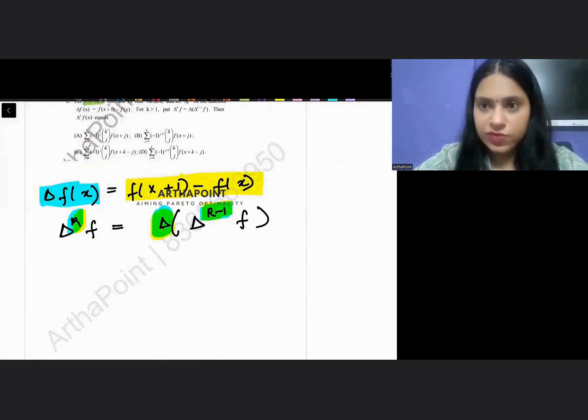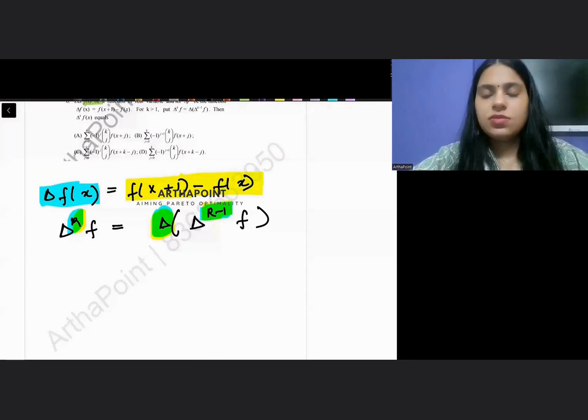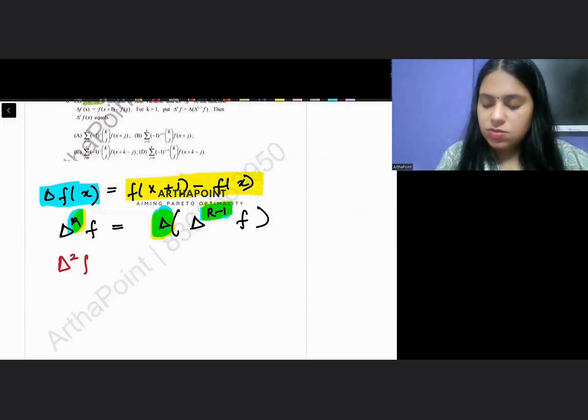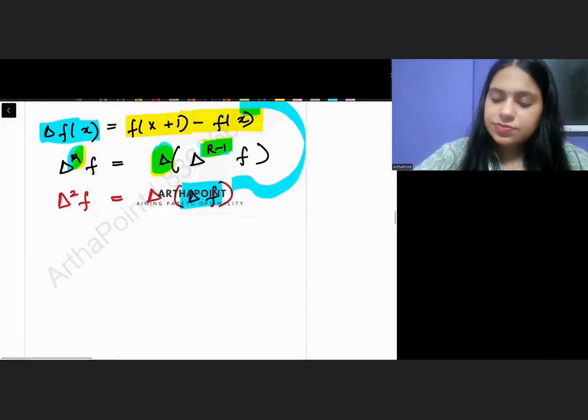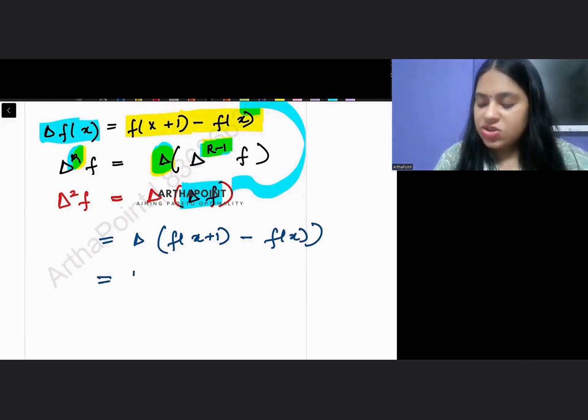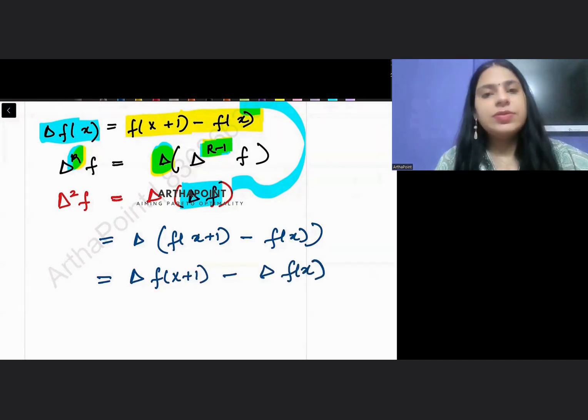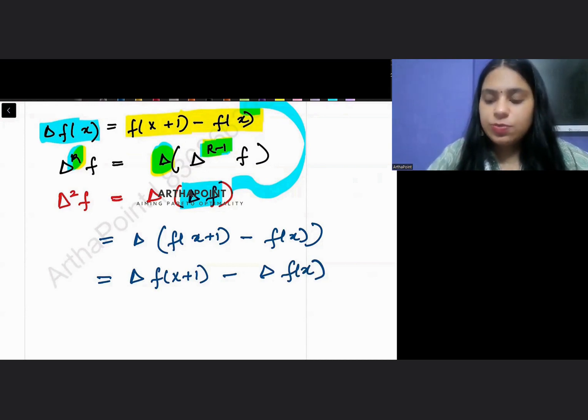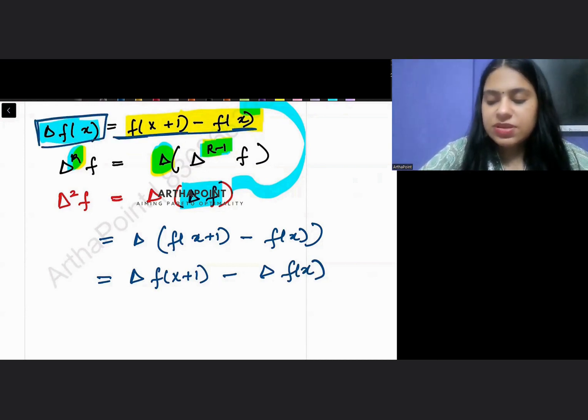So let's find out the second derivative first. Let's try to see what happens in that. So if I find the second derivative, what will I get? This. And this part can be replaced with this. So I will get, and then I can just bring the change here, right? So when I had to find the derivative of f of x, it was giving me this.